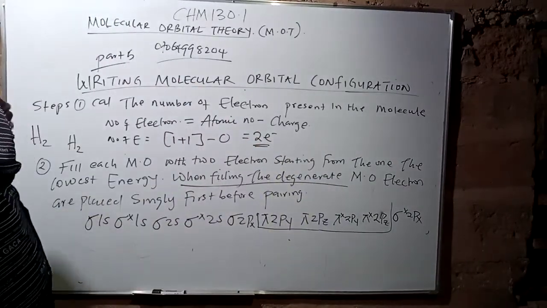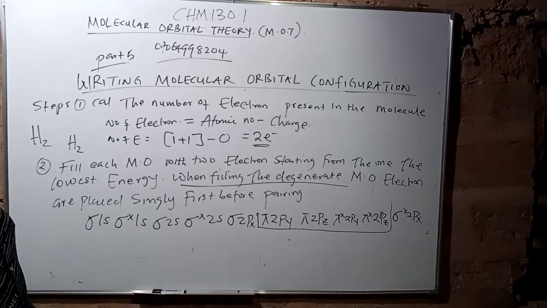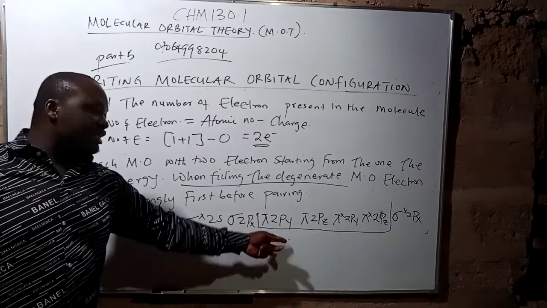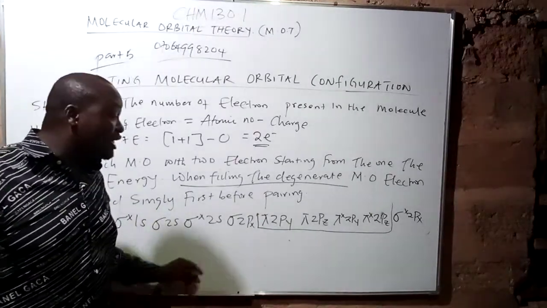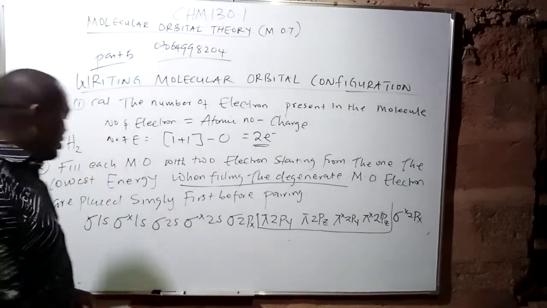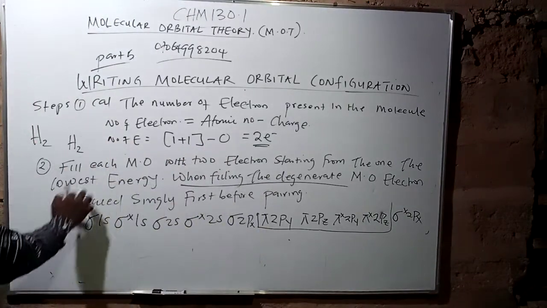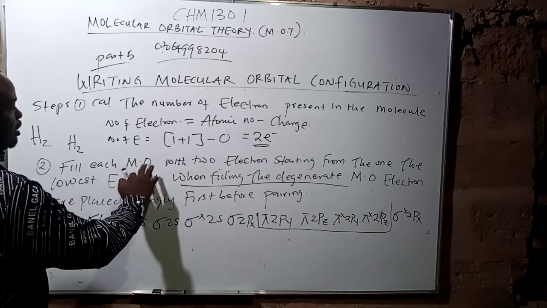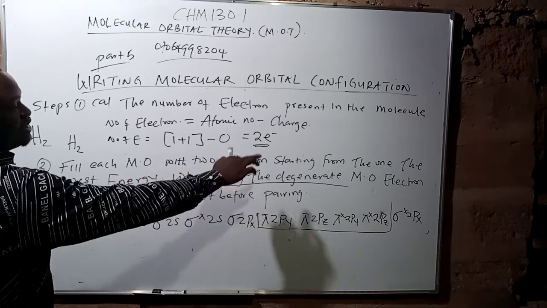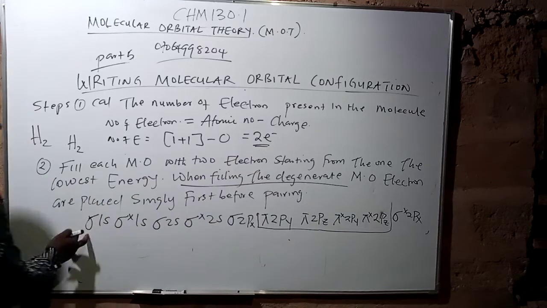Now, if I want to write the molecular orbital electronic configuration, you already know this formula. This is a standard formula we follow. It cannot change. So if you want to write the orbital configuration, remember they said fill with 2 electrons starting from the one of the lowest energy. This is the lowest.